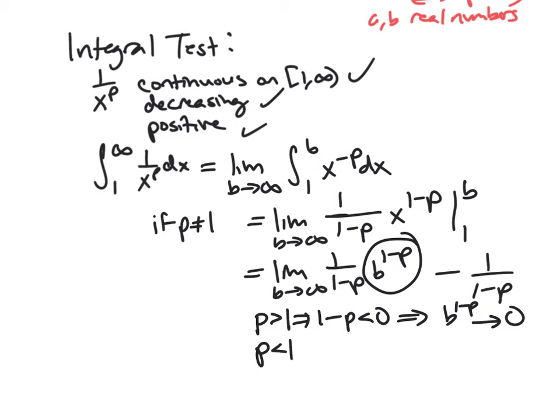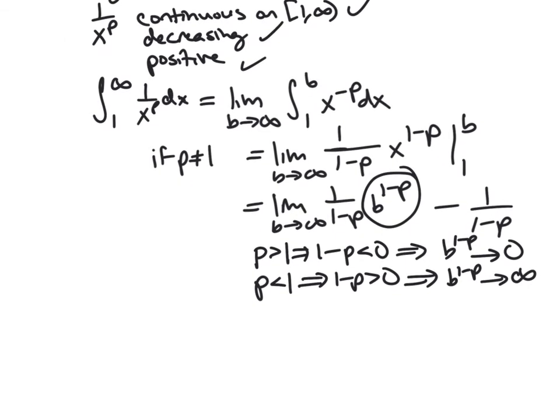On the other hand, if p is less than 1, 1 minus p is greater than 0, and you're taking a base that gets really large to positive powers, and thus b to the 1 minus p goes to infinity. And so if p is less than 1, it diverges. If p is greater than 1, it converges.